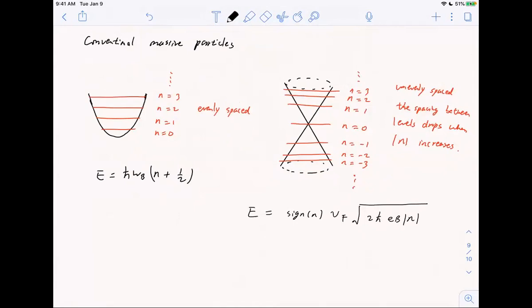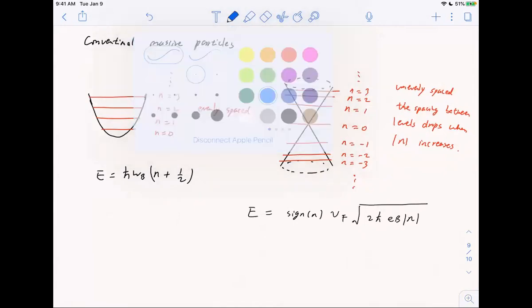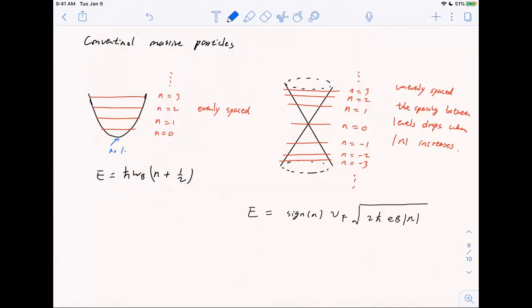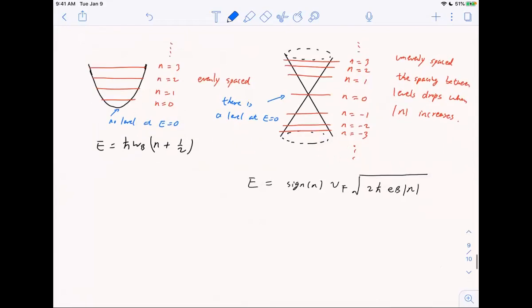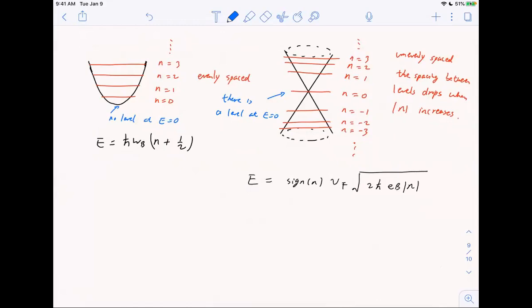Another one, of course, is that here there is no level at E equal to 0, while there is a level at E equal to 0 in the Dirac case. Okay, so this is another difference.